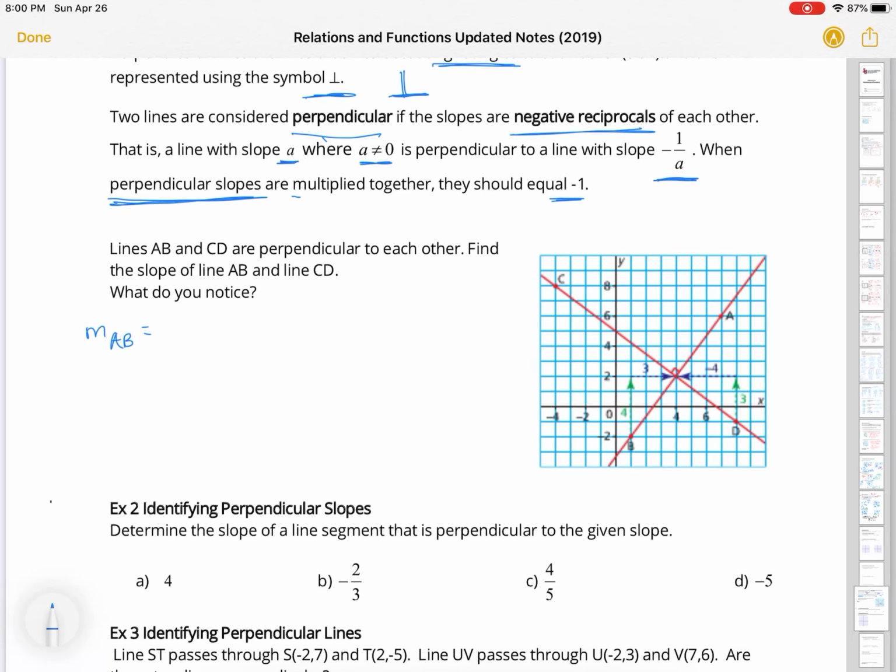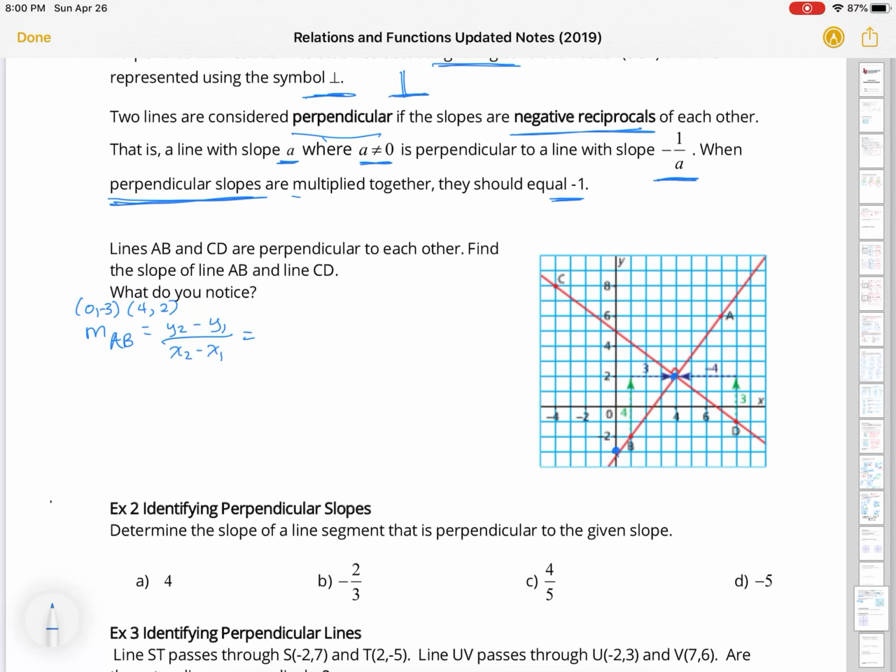The slope of AB goes from (0, -3) to this point here, and the second point is (4, 2).